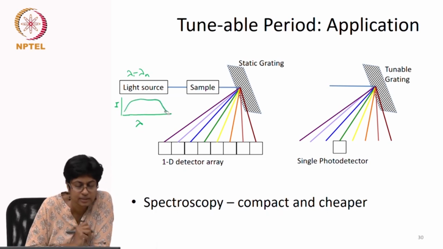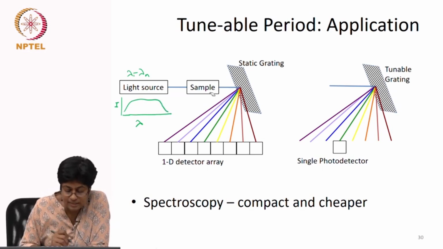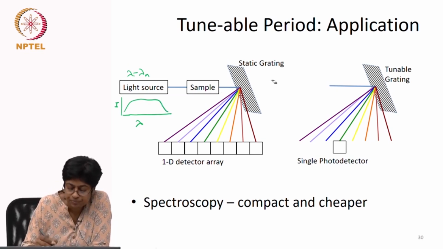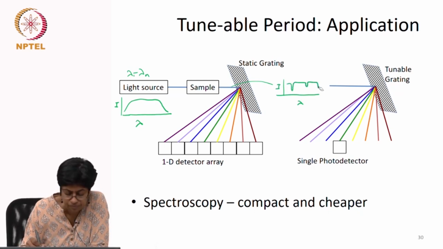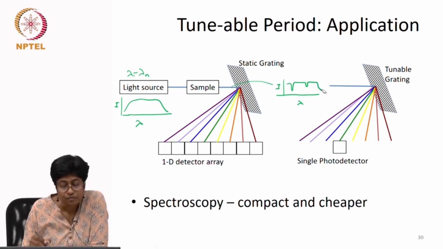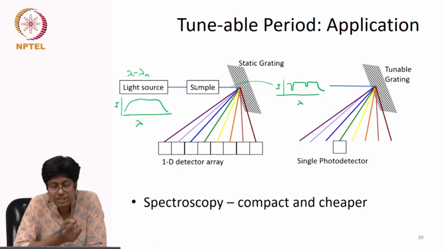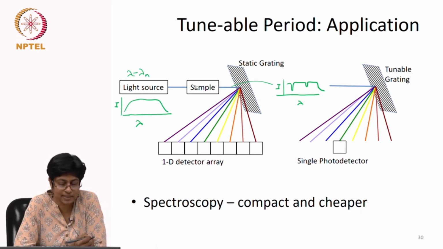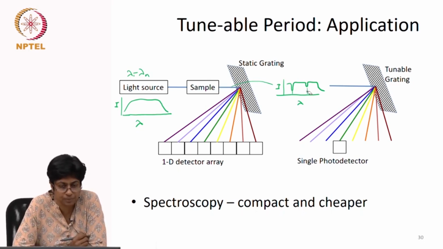So all wavelengths exist in almost the same intensity. But after the sample, if I looked at it, so I looked at it here, maybe some wavelengths have been absorbed. From this, I can tell what that sample is or what the concentration of some chemical in that sample is, because say this wavelength was absorbed, this wavelength was absorbed.